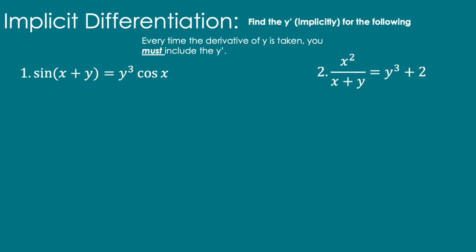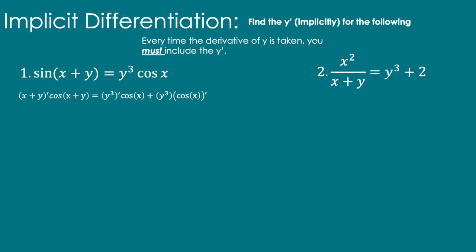So let's take a look at implicit differentiation. Implicit differentiation involves finding the y prime implicitly. Every time we take the derivative of y, we need to include the y prime. So it's basically finding the y prime ourselves. Since the y itself is on both sides, we need to take the derivative of both sides in order to bring about the y prime that we need to solve for.